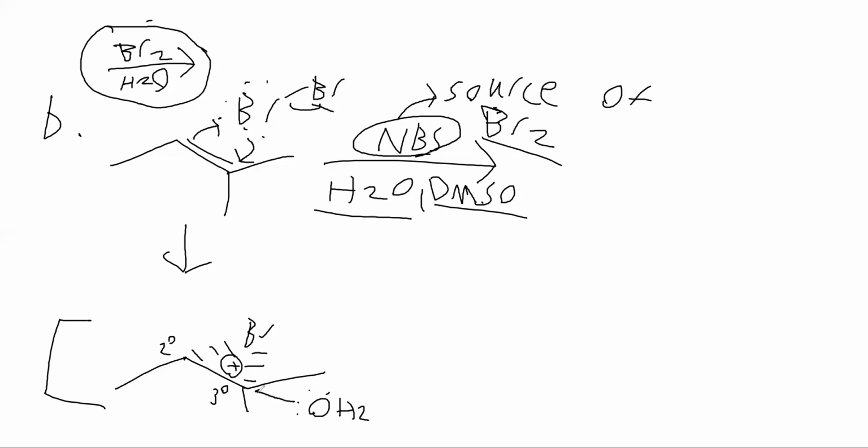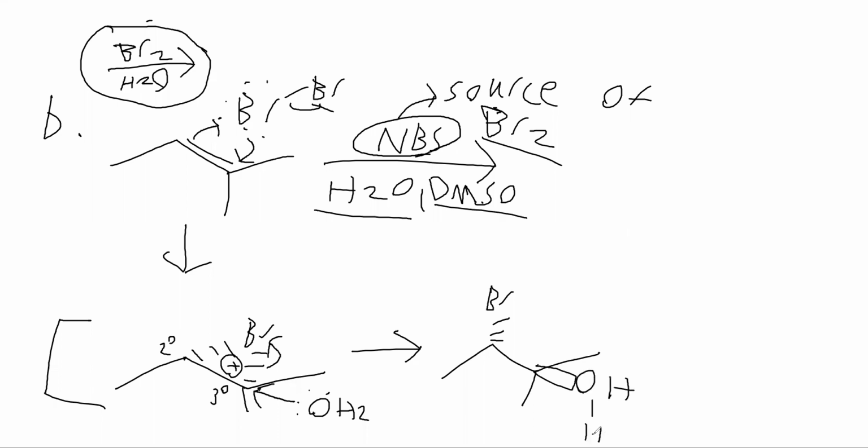So that's where the water attacks, and then this bond breaks, so the octet isn't broken. You can think of this water as attacking from the back to break these bonds with the bromine. So when that happens, this bromine's going to be on a dash, and the water is going to be on a wedge. So they have opposite stereochemistry.